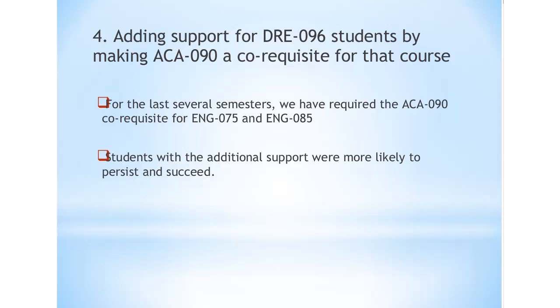We kind of help each other keep the students retained. If they start to fall off in one class, then the teacher in the other class kind of nags them a little bit to get them to go back to the class that they've slacked off in. So we're hoping that if we keep that in place for DRE 96, that will help our retention there. So it's a practice that we plan to continue.